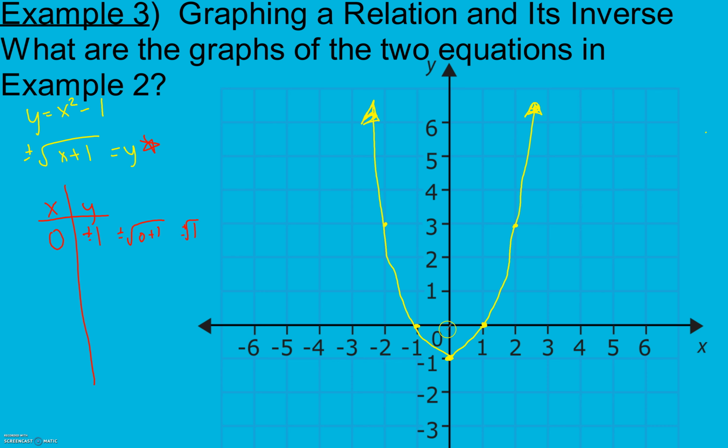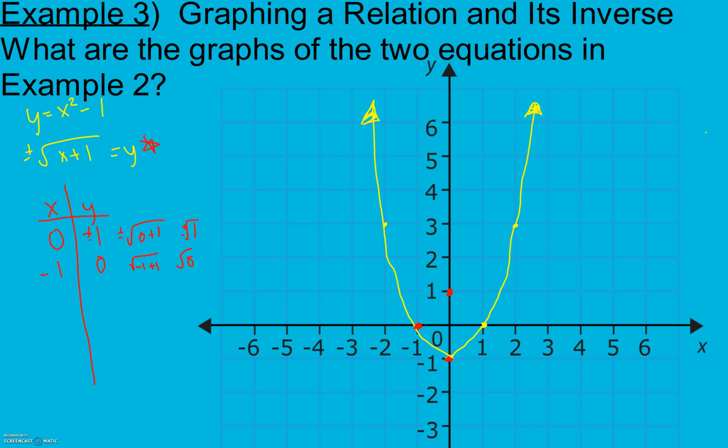So for x is 0, I have a point at 1 and negative 1. I'm going to plug in a negative 1 because that'll give me 0. So the square root of 0 is 0. And guys, we're just flipping those points.